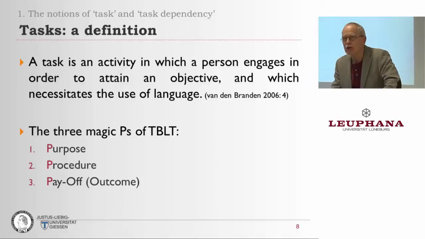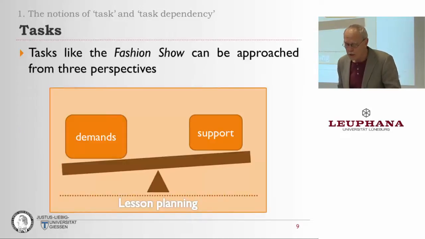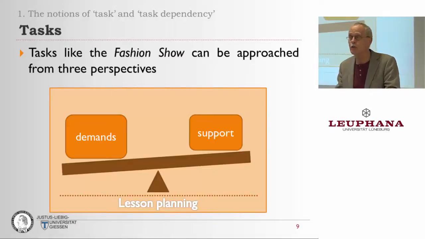Now, a fashion show task, as you saw it, can be approached from three different perspectives. We can look at it in terms of task demands. We can look at it in terms of task support and in terms of lesson planning.